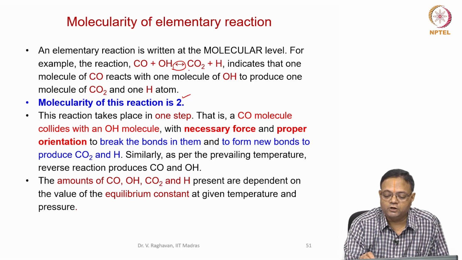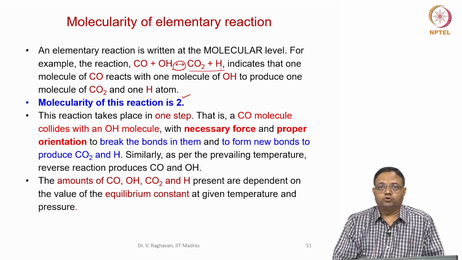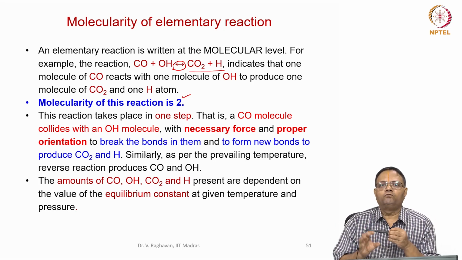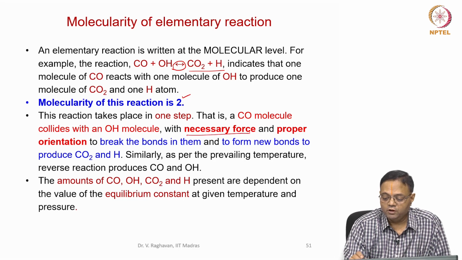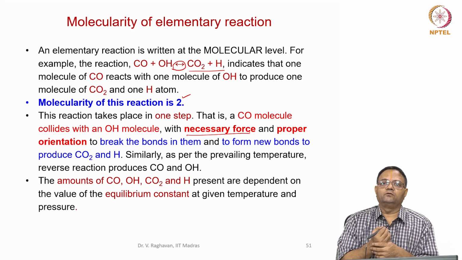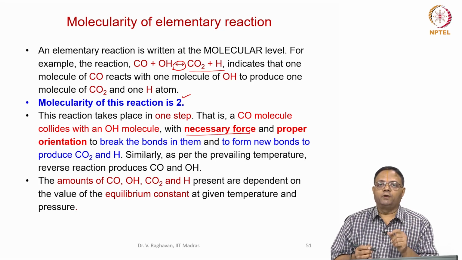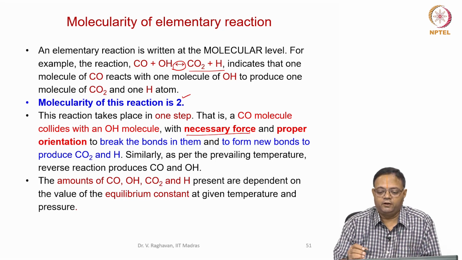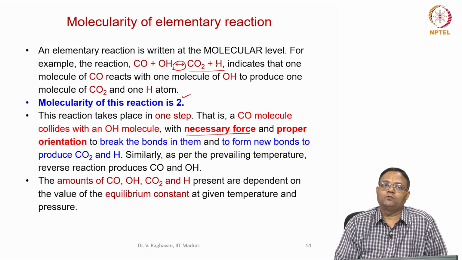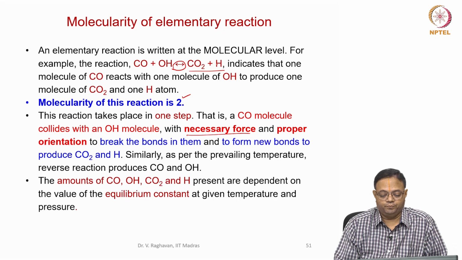That will lead to the production of CO2 and H. So, if CO and OH collide with each other with the necessary force and proper orientation, H side hitting O side and so on, then one bond will break and one bond will form simultaneously, producing CO2 and H. So, this is possible. It can occur in one step, but the global reaction cannot occur in one step.